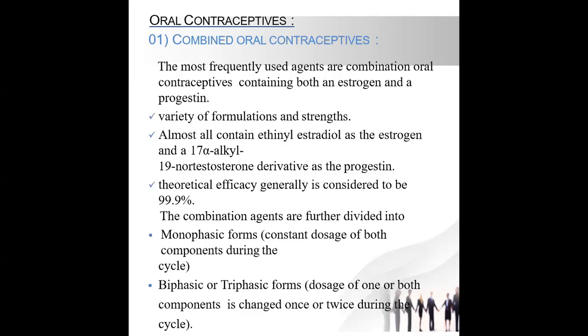The combination agents are further divided into monophasic pills, where a constant dosage of both components is maintained during the cycle, and biphasic or triphasic pills, where the dosage of one or both components is changed once or twice during the menstrual cycle.